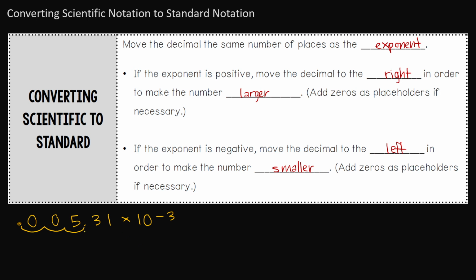So this has been moved 3 places. My new number, if I rewrite it neatly, is going to be 0.00531. And it's really important to write all of the digits that are in the number. We're expanding the number.